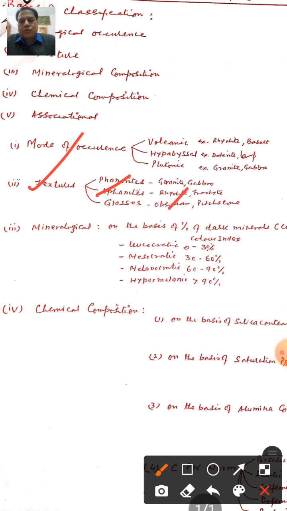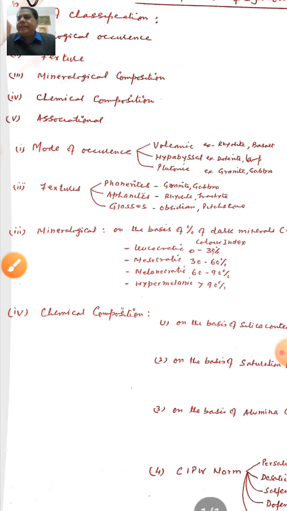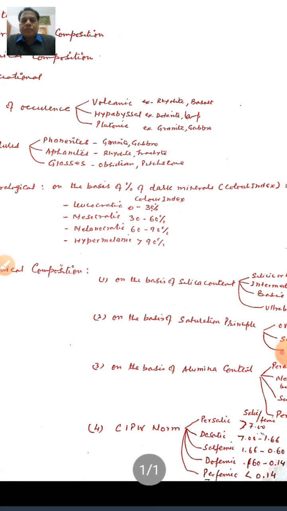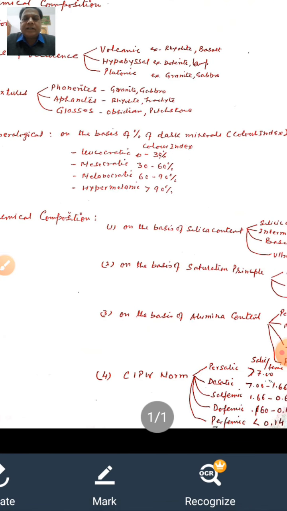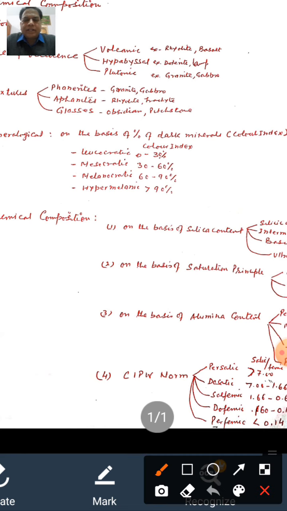Now coming to the next category, that is the mineralogical composition. On the basis of the mineral composition, that is the percentage of the dark minerals, igneous rocks are classified into four categories. If the dark minerals or the mafic minerals are limited up to 30%, those rocks will be called leucocratic.